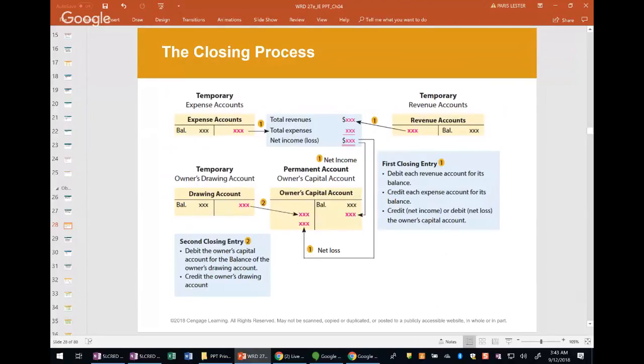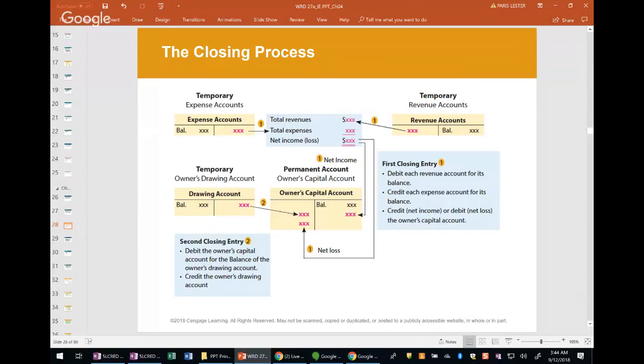This chapter has one new kind of entry. It's called a closing entry. Now, our temporary accounts, we want to give a zero balance. What is the balance in revenue? That's a credit, isn't it?